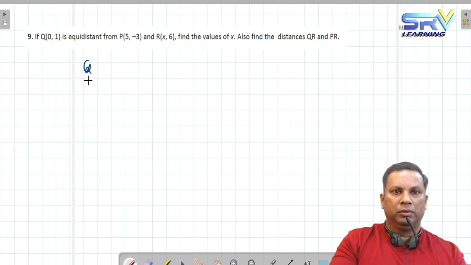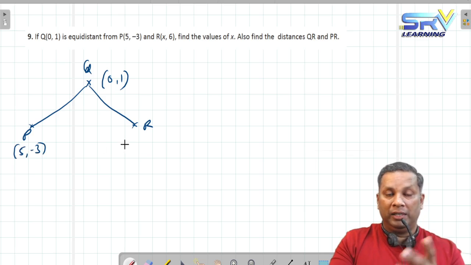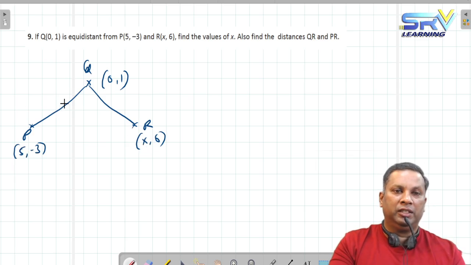This is point Q which is 0, 1 and it is equidistant from P and R. So what is P? 5, minus 3, and what is R? x, 6. So he is telling equidistant. Equidistant means QP distance should be equal to QR.